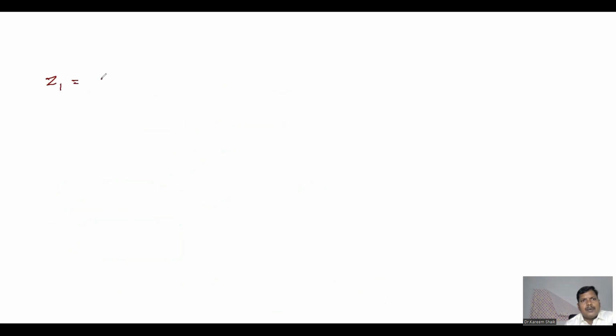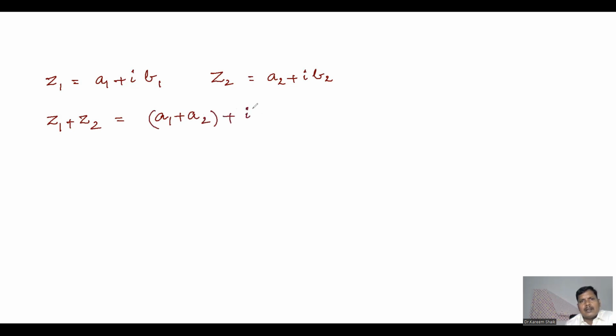Now z1, for example, a1 plus iota b1 I am taking, and z2 equals a2 plus iota b2. First I want to find z1 plus z2. What is that? You know that already. In last class we discussed: a1 plus a2 plus iota times b1 plus b2.